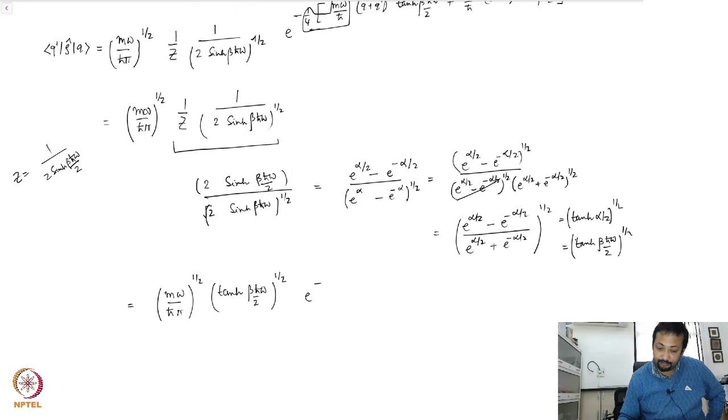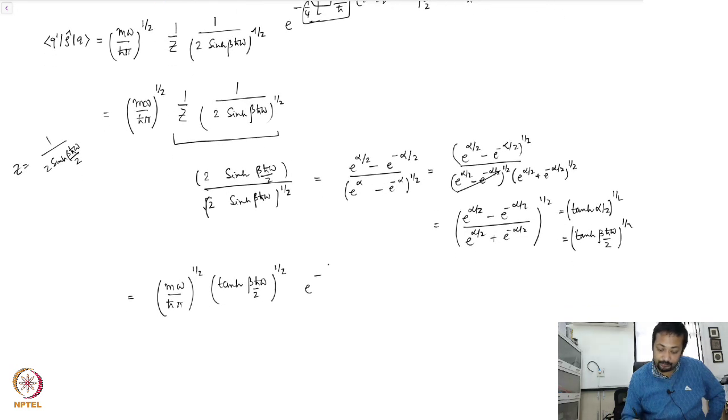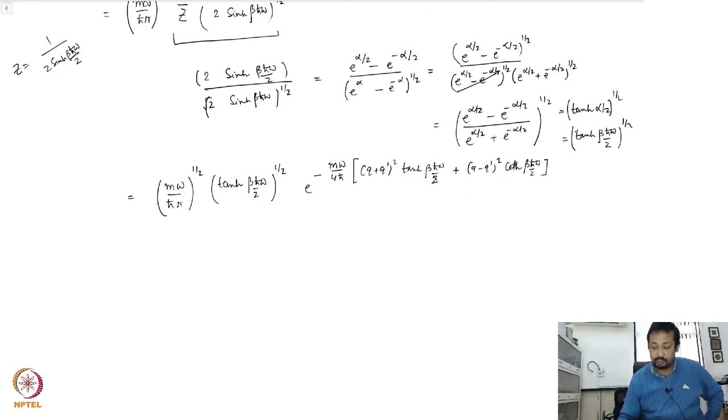The exponential factor becomes m omega over 4h bar times q plus q prime whole square tan hyperbolic beta h bar omega by 2 plus q minus q prime whole square cot hyperbolic beta h bar omega by 2. And this is the expression that you are looking for.